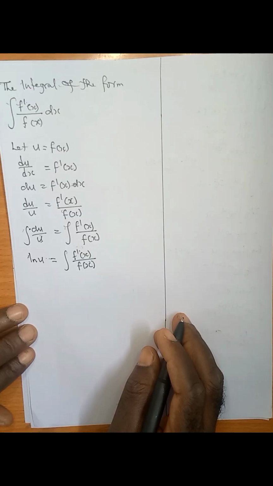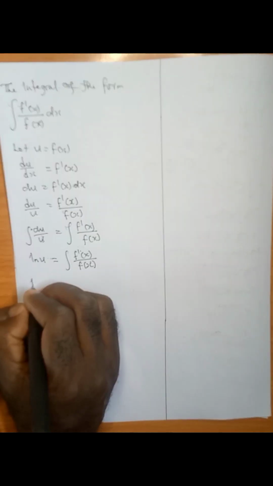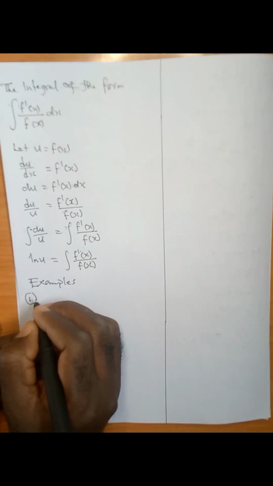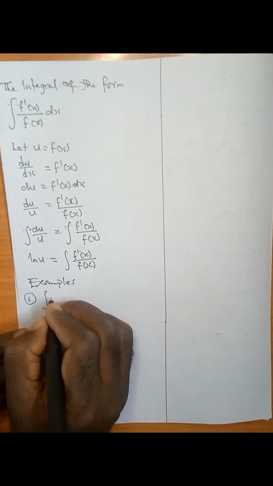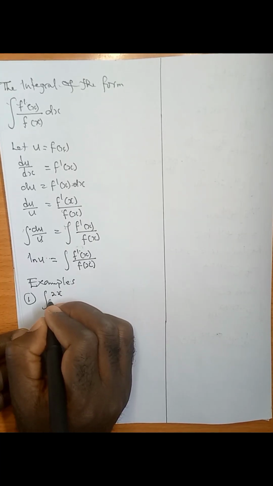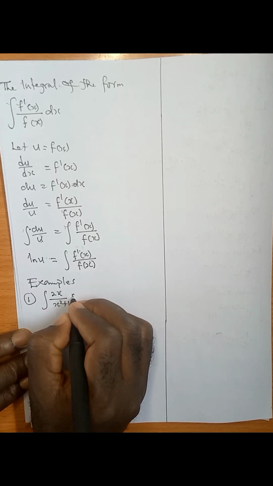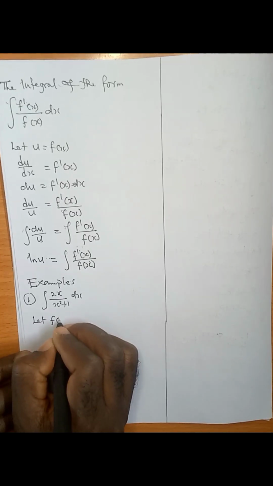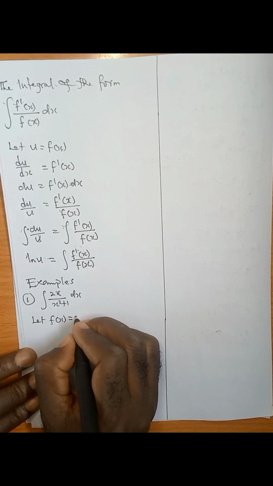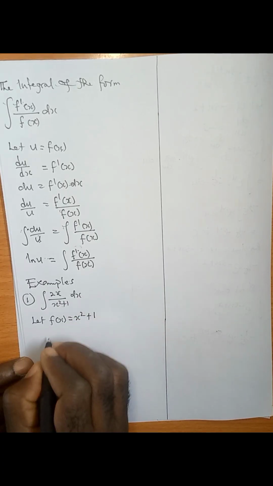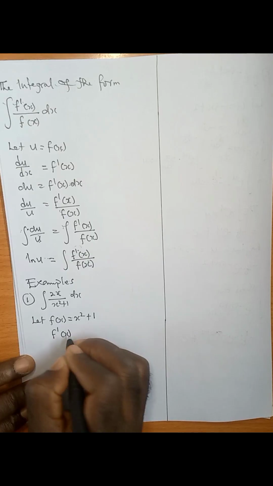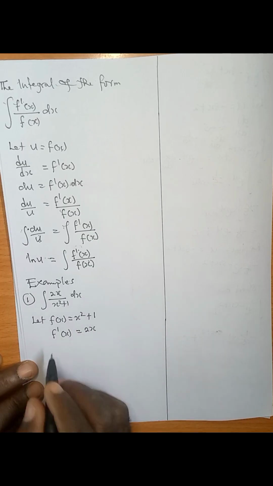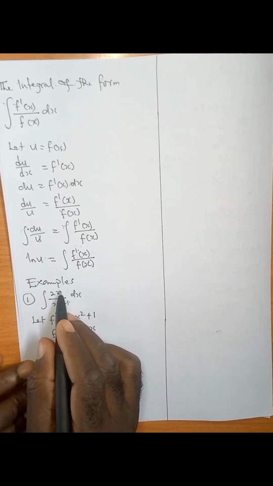Now let's take some worked examples to illustrate this. Examples. Number 1, we have the integral of 2x over x squared plus 1 dx. Now we say let f of x be the denominator, which is x squared plus 1. Then f prime of x, that is when we differentiate it, it will give us 2x. So you find out that when you differentiate the denominator, it will give you exactly the numerator.